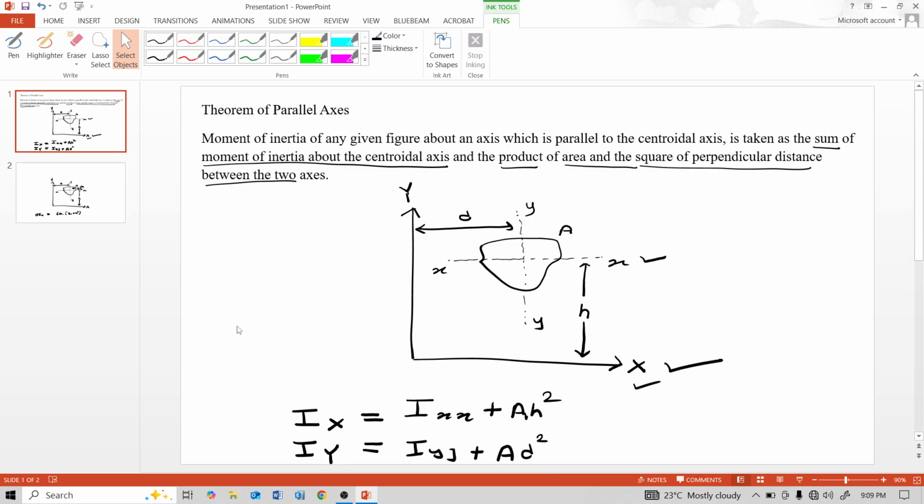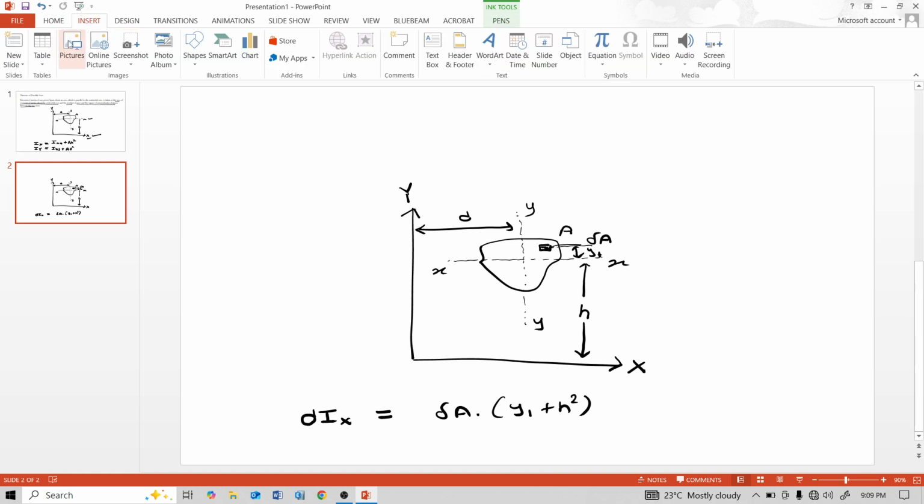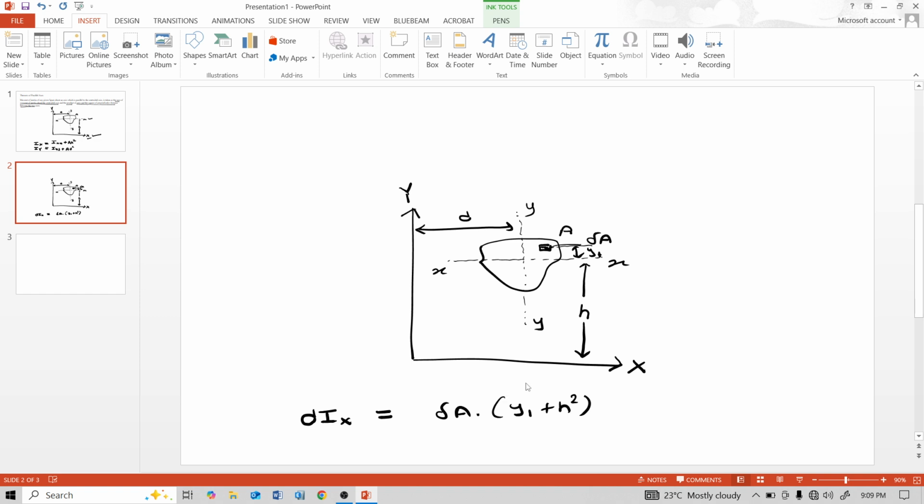For proving this equation, we have to take this figure, and now let's prove it. dIx is equal to delta A into y1 plus h square.